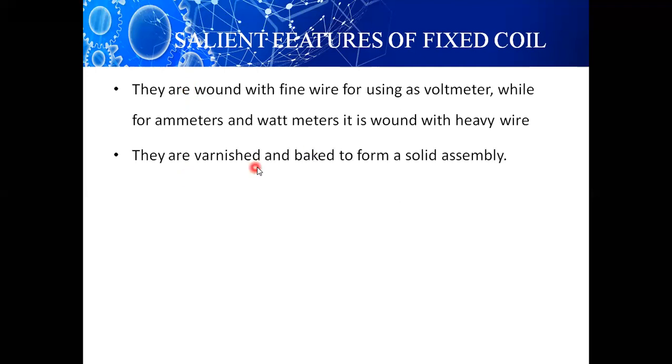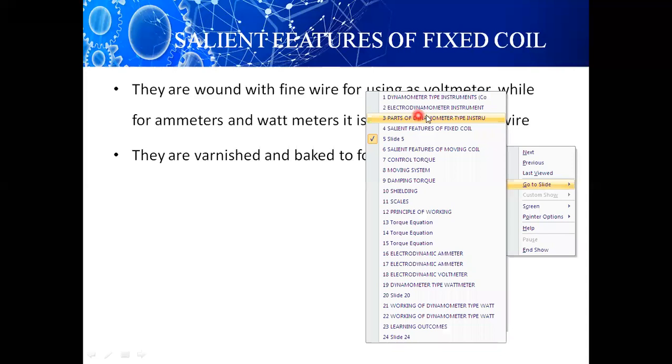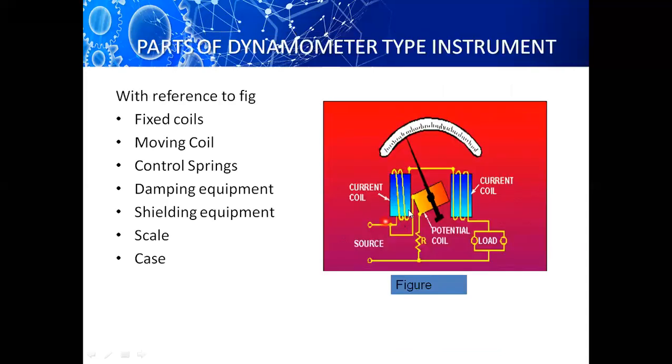They are varnished and baked to form a solid assembly. After the two coils are made, they are varnished and baked properly to form a solid assembly, as shown in the figure. Here, this is a solid assembly.